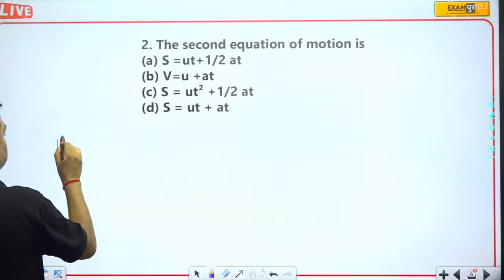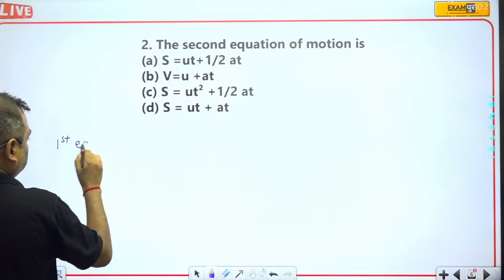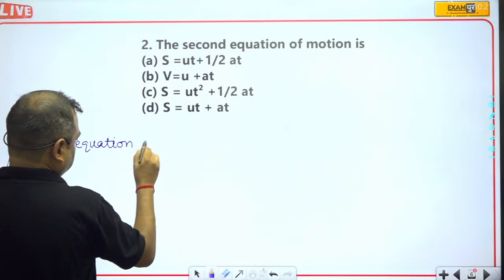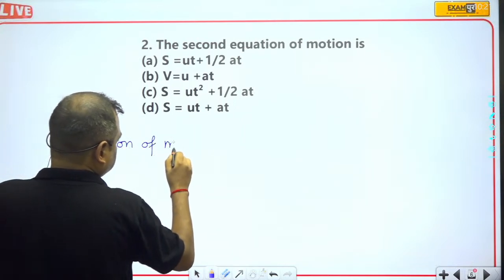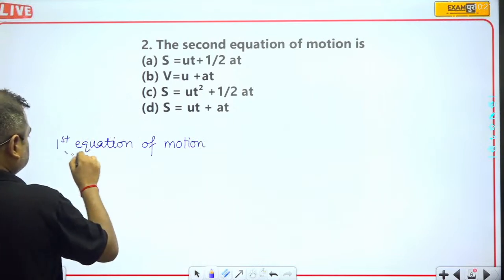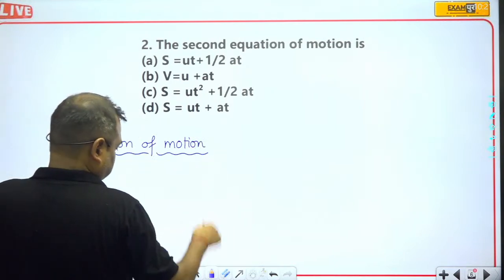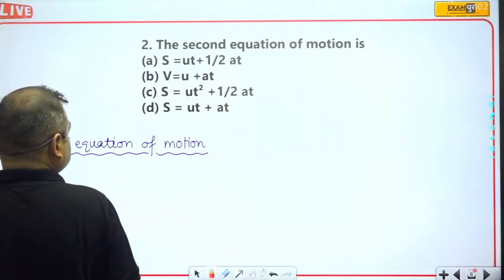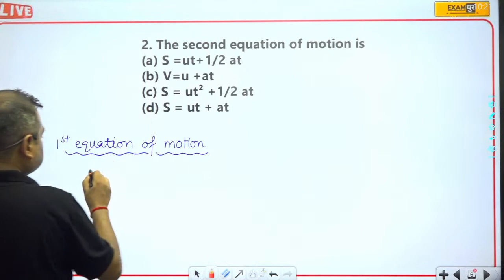So first, tell me the first equation of motion.